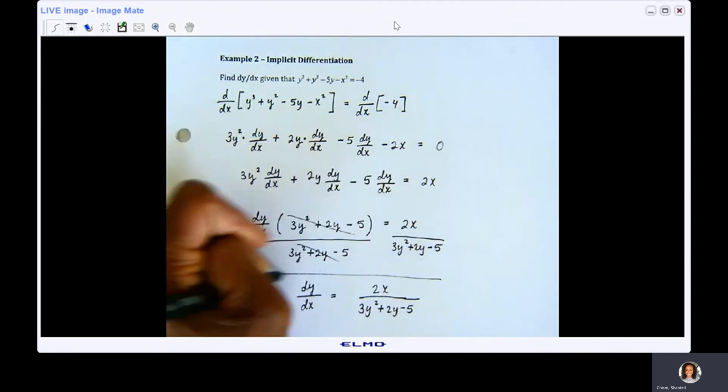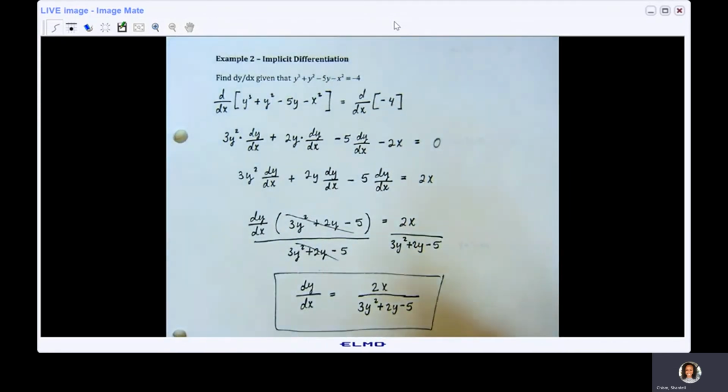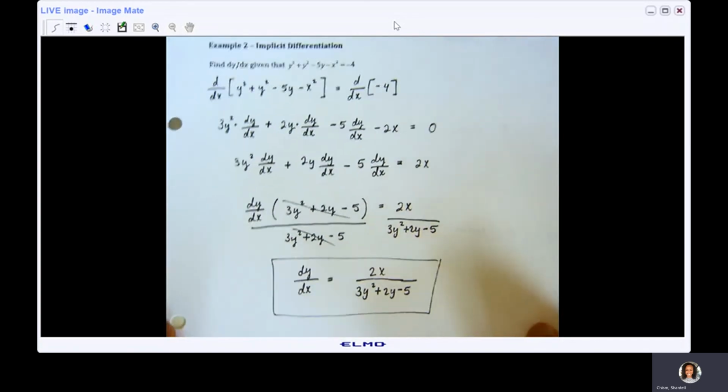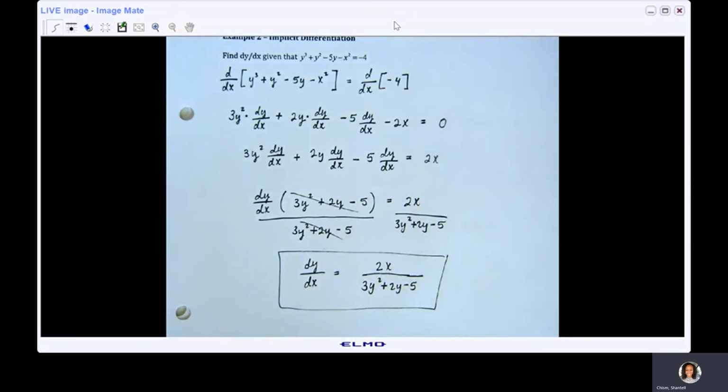That is my answer. So again, it takes practice, but it's actually very doable once you practice it enough.